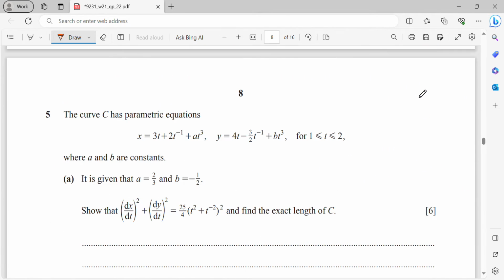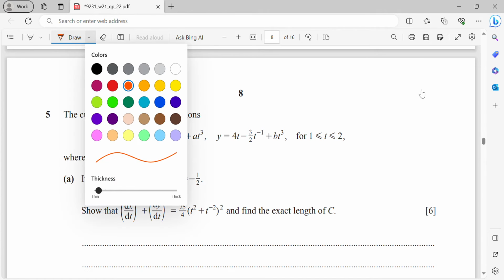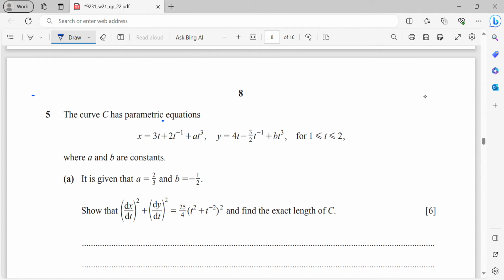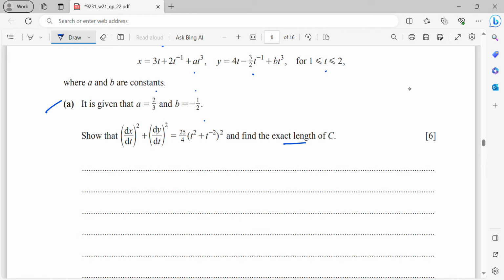Right? So now for next question, number 5. The curve C has parametric equations x and y in terms of t, whereby the t is defined from 1 to 2. A is given that a is 2 over 3, b is negative half. Show these expressions. Right? Show this expression and find the exact length of C. So now, when a equals to 2 over 3, b equals to negative half, then I have to rewrite my x and y.